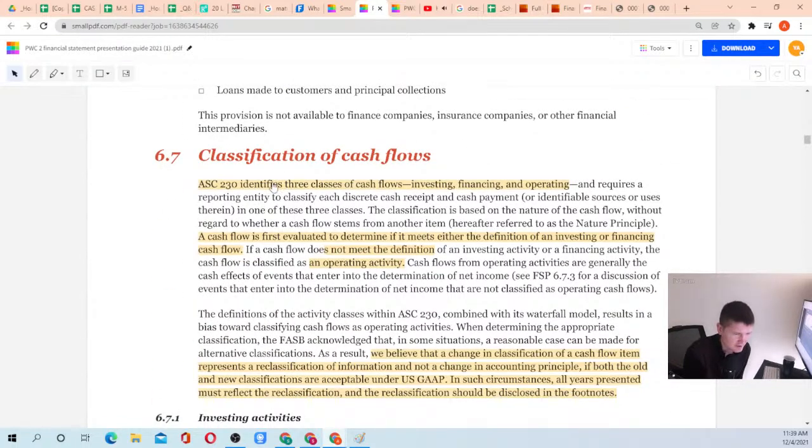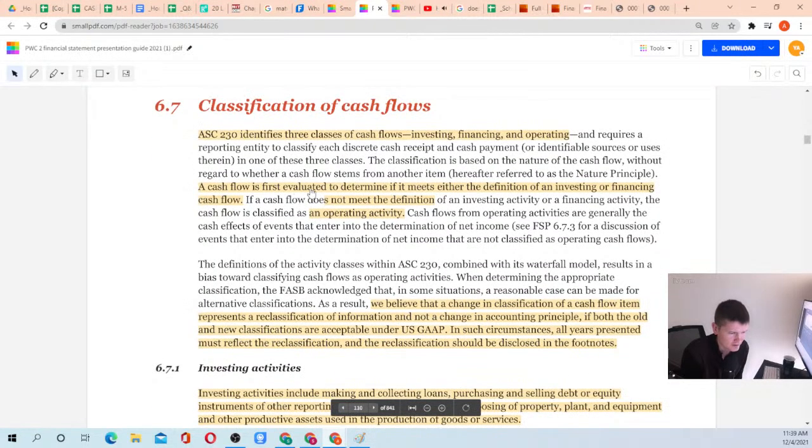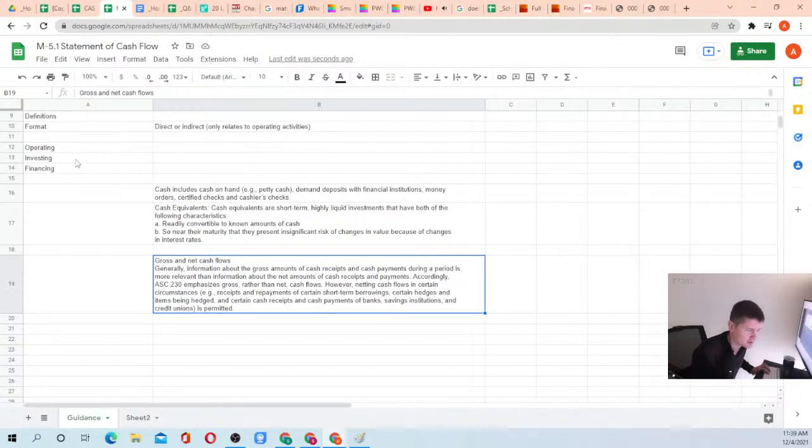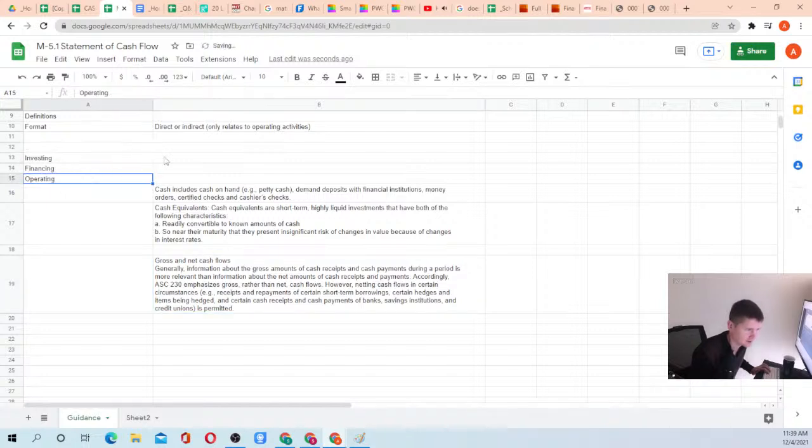Okay, finally we get here. We identify 3 classes of cash flows: operating, investing, and financing. A cash flow is first evaluated to determine if it meets either the definition of investing or financing cash flow. So basically we first determine if we have investing or financing.